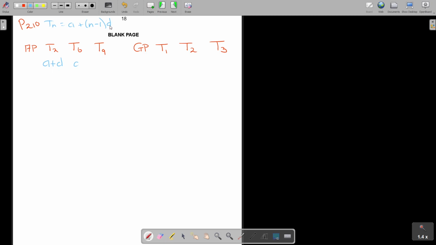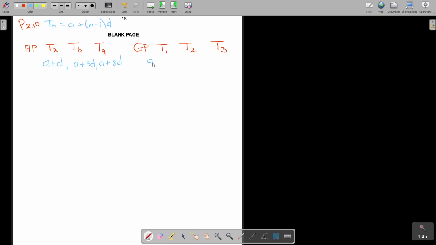So if it's the first term, it's just A. The second term is A plus D, because it's 2 minus 1, which is D. Then the sixth term is A plus 6 minus 1, so it's going to be A plus 5D. And the ninth term is A plus 9 minus 1, 8D. Okay, now you can write it in terms of that. And as I said, you can follow another method also, but this is the method that I'm going to follow.